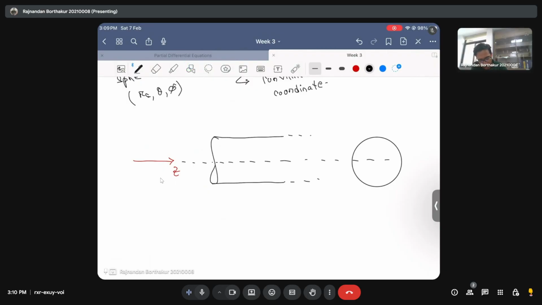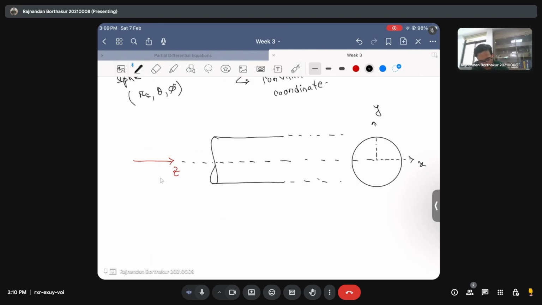This is the projection that I'm drawing, and these are my x and y axes.